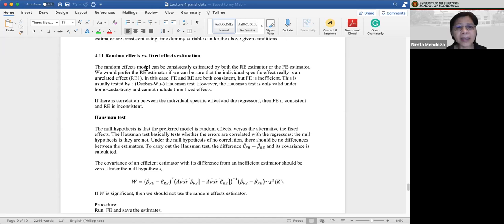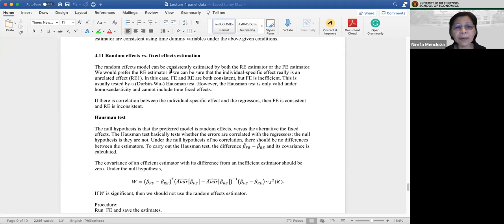The random effects model is more restrictive because we have the assumption that the unobserved or the individual specific effect is uncorrelated with the observed explanatory variables.